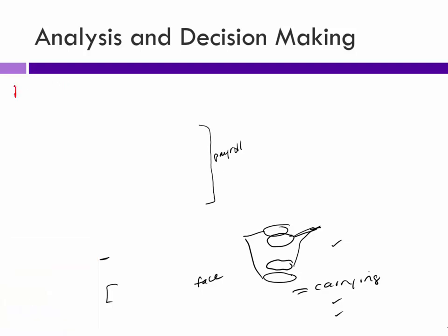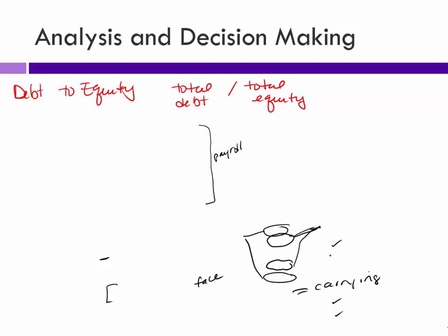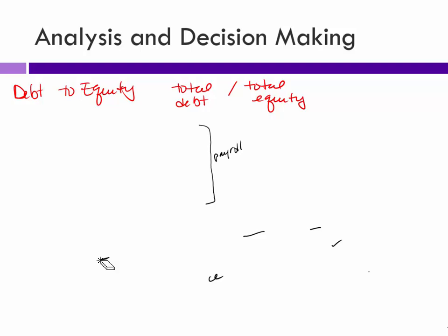So the debt to equity ratio is total debt divided by total equity. I'm afraid if I erase this right now, it's going to erase it off the other one. I don't know why it's in 2, but let's see what I get.